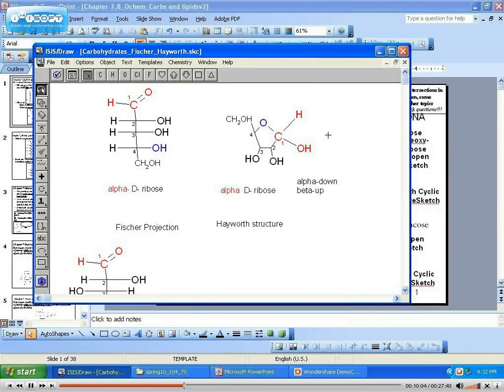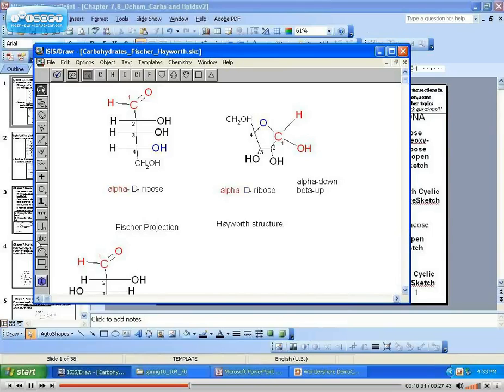Again, I have an imaginary equator that runs through the structure. So if it's below the equator, then it's facing down. If it's above the equator, then it's facing up. Now, this brand new chiral carbon that's formed during the cyclical hemiacetal reaction. First of all, this carbon right here is an example of a cyclical hemiacetal.